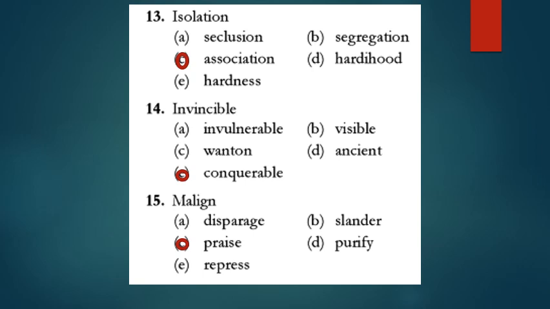Wanton. What does wanton mean? Wanton means very deliberate, very willful, malicious. Now the last word is malign. Disparage and slander are synonyms of malign, spoiling somebody's name. Now here, praise will be the right option. C will be the right answer for malign. So the opposite of malign is praise.